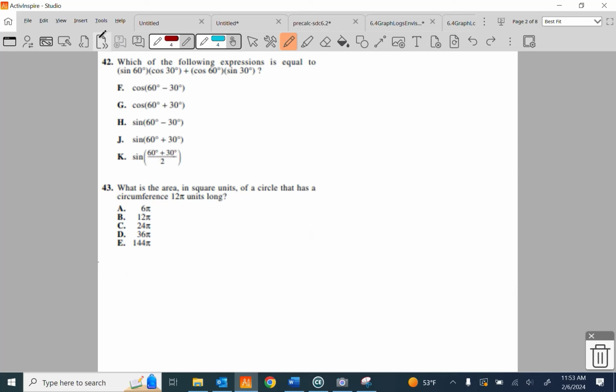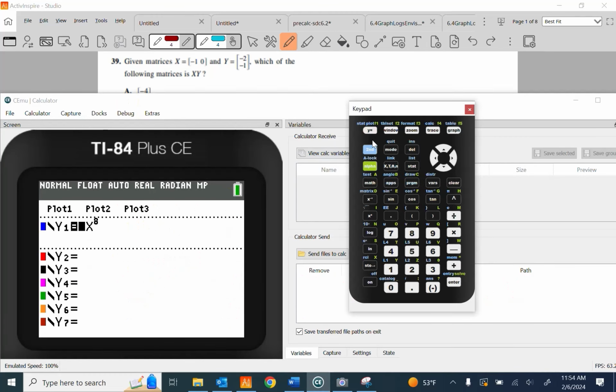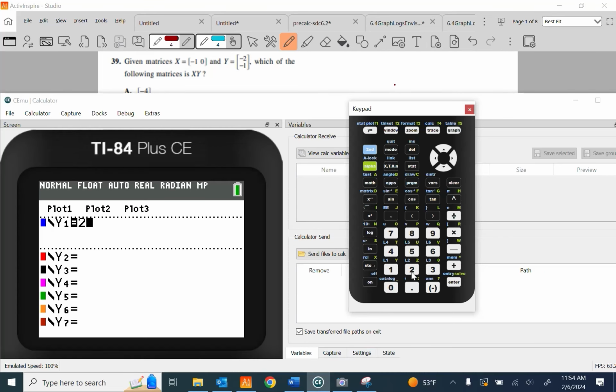Which is the following expression? Oh, I did say I would kind of show you how to cheat in a calculator. You know, don't forget about this. You're going to be holding a TI-84 on that day. We got 24x squared plus 2x equals 15. So 24x to the second plus 2x.